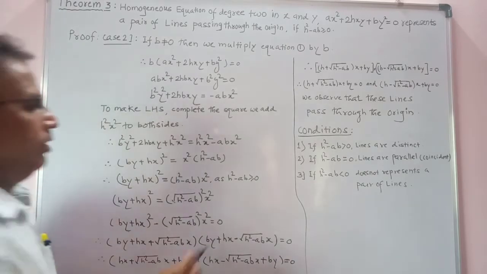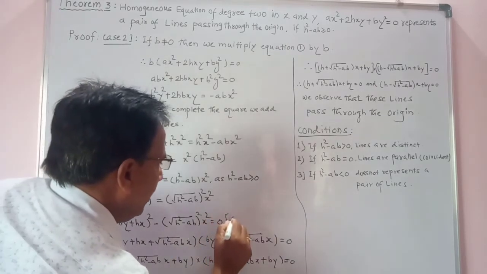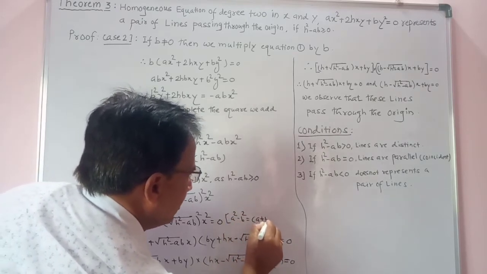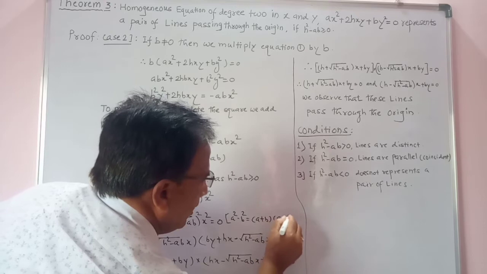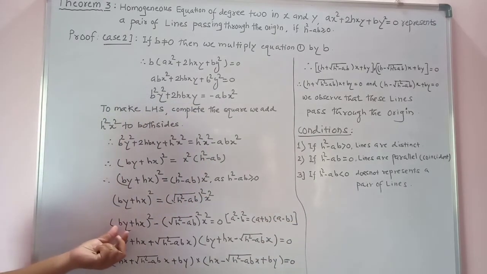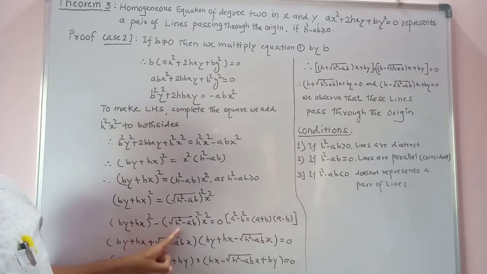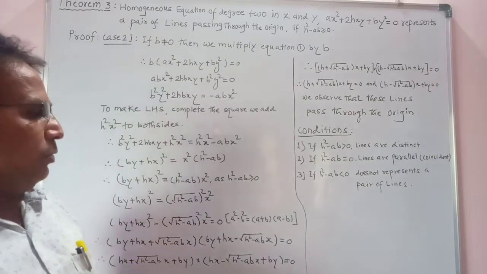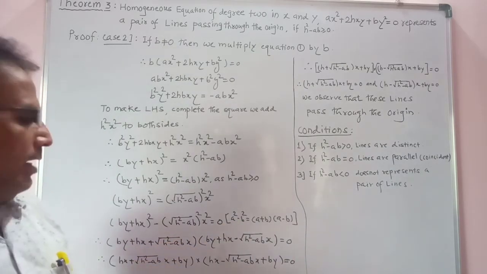Using the formula a square minus b square equal to (a plus b) into (a minus b).